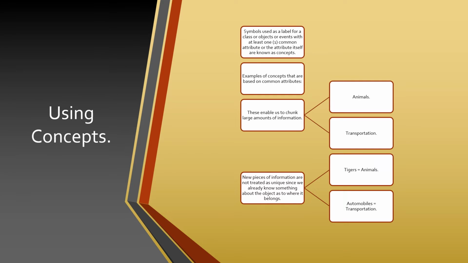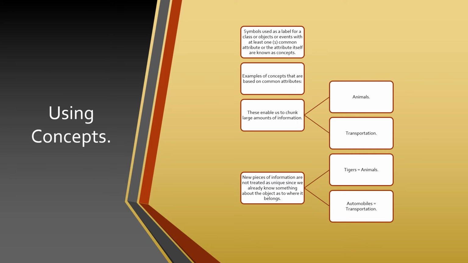So, using concepts: symbols used as a label for a class of objects or events with at least one common attribute, or the attribute itself, are known as concepts. Examples of concepts that are based on common attributes are what we have listed here. They enable us to chunk large amounts of information, such as the concept of animals and the concept of transportation.